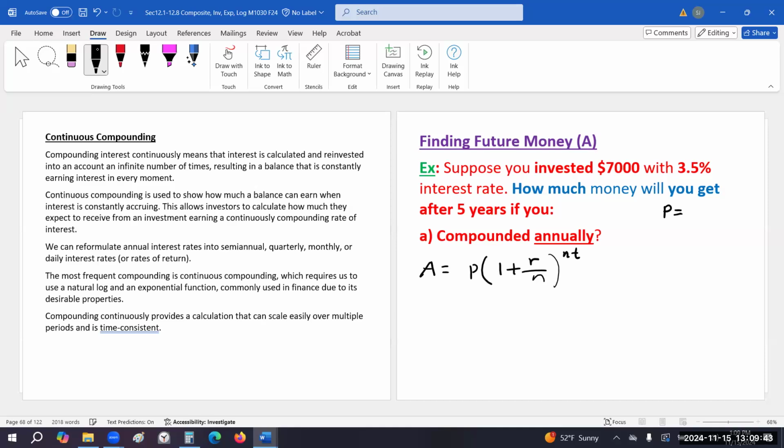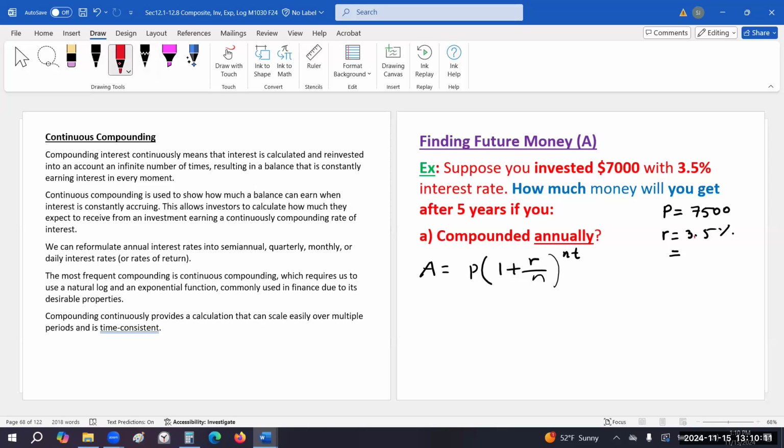Now, what is our principal? $7,000. That's the initial money you invested. What is our interest rate? 3.5%. But in the formula, we are not allowed to use percent. We have to put decimal. So 3.5%, how are you going to convert it into decimal? 0.035.